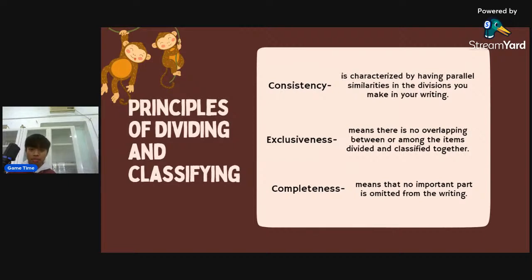Exclusiveness means there is no overlapping between or among the items divided and classified together. Completeness means that no important part is omitted from the writing. So that'll be it for the principles of dividing and classifying. Hopefully you guys remembered at least some of them.